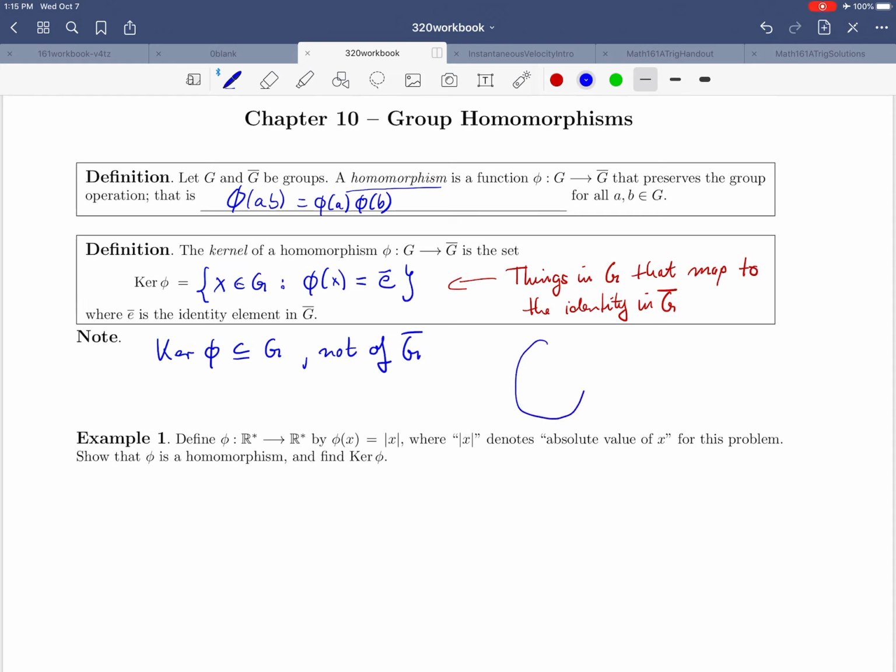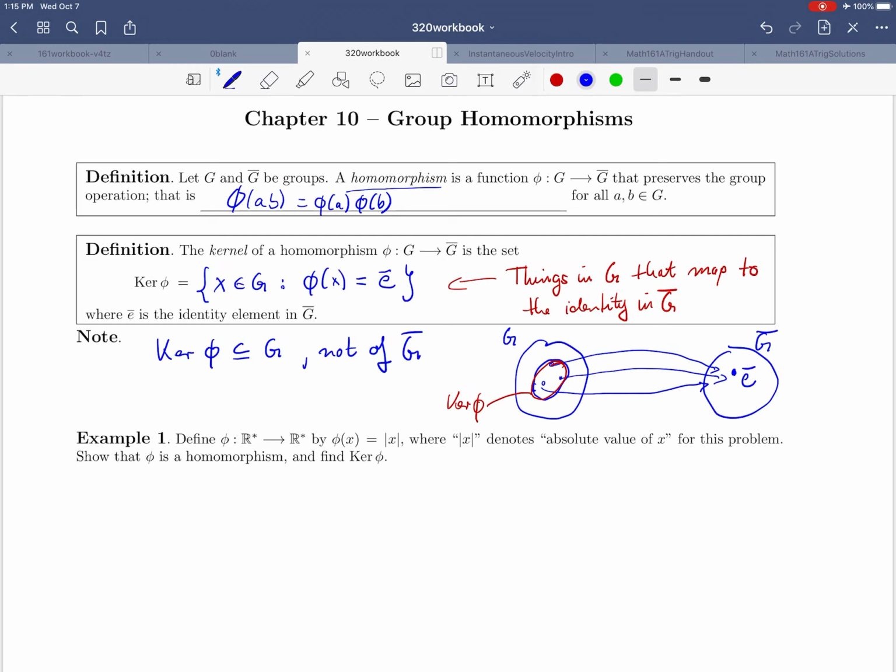Over here I have a group G, and over here I have my group G bar. In G bar, somewhere there is the identity, so that's E bar. And over here, we have different elements that might all map to the identity. All those things that map to the identity, that's our kernel. So these things right here are our kernel of phi, and so it lives in G. It's a subset of G.